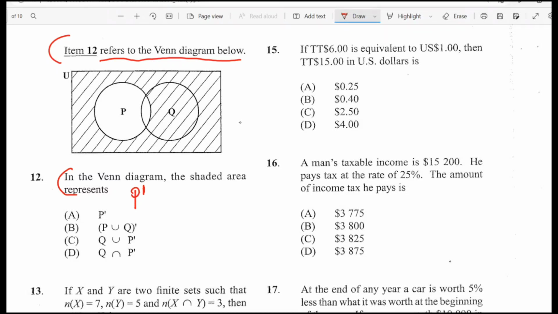So that's the complement of P. The complement of P would be everything in the situation except P. And if you really look, you will realize that everything was shaded except P. So the idea is P complement. And the complement of any set is written with a little comma up there.